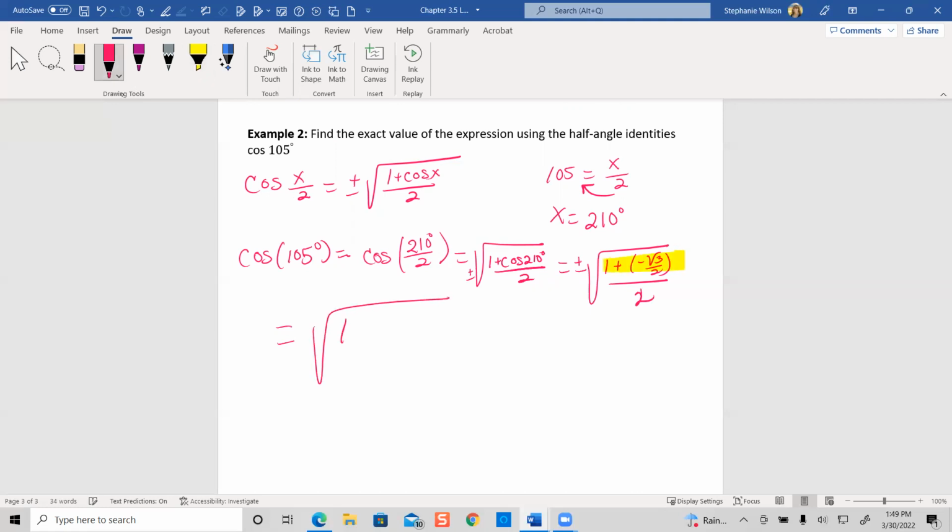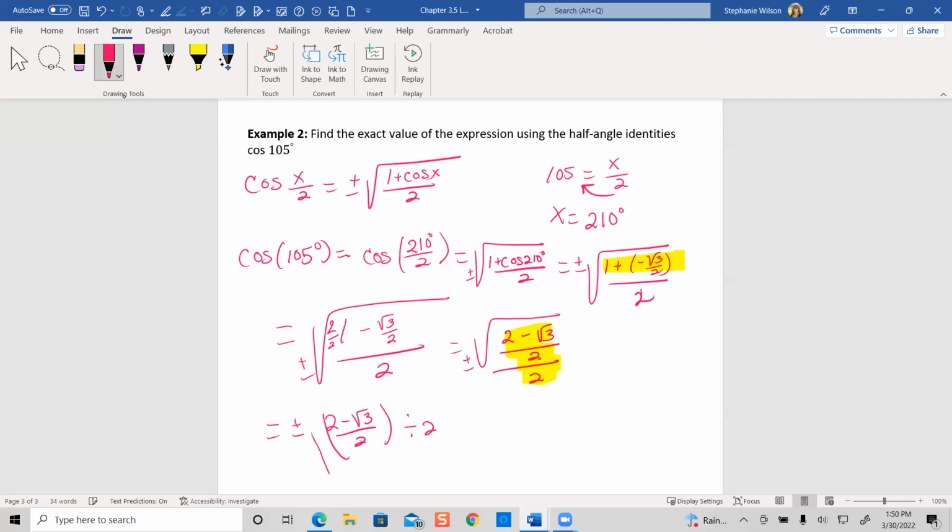So I have a negative and a positive, and I want to go ahead and subtract these. Again, we need a common denominator, and it's a 2 and a 1, so it's going to be 2 over 2 times that 1. So now I have 2 minus the square root of 3 all over 2, divided by 2. Let's clean up the inside of this root one more time before we start taking the square root.